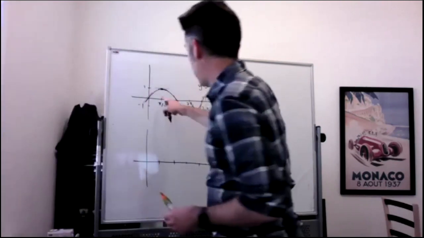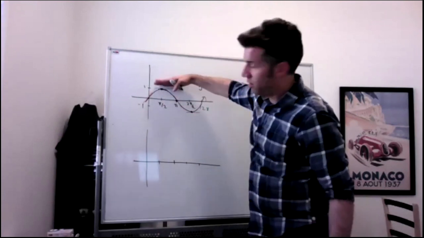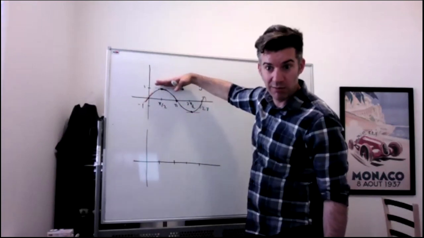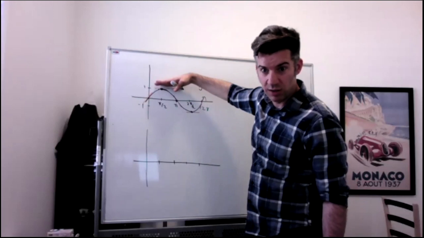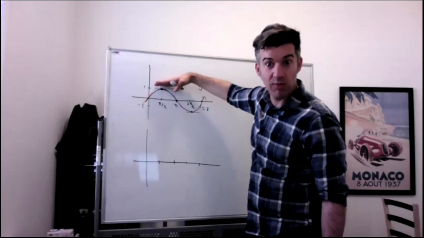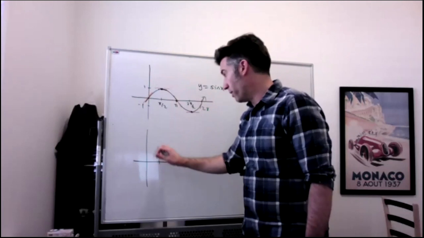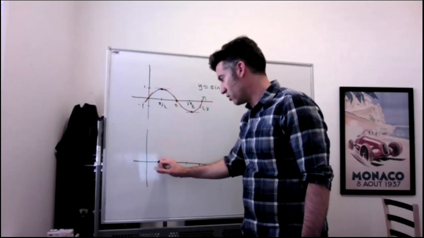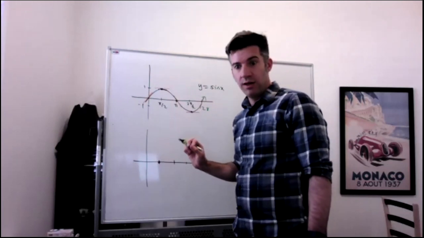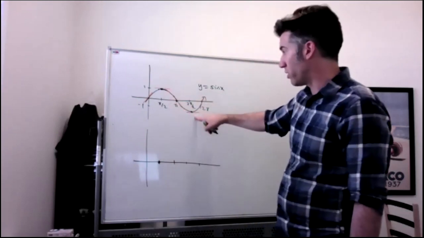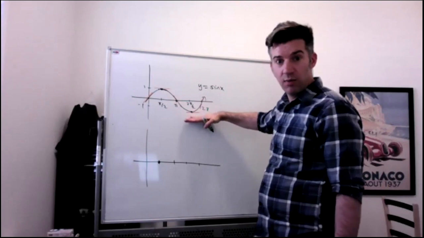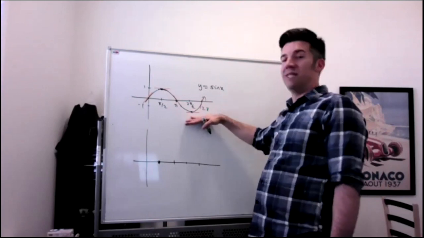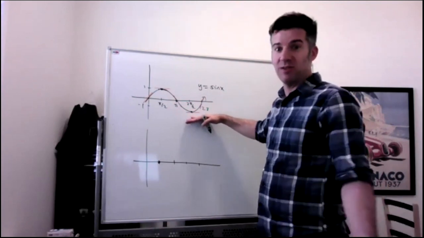So at pi over 2, what's the slope of my tangent line? Well, my tangent line is horizontal, and a horizontal line has a slope of 0. So my derivative is going to have a value of 0. That's also true at 3 pi over 2, because the tangent line is horizontal, so the derivative is 0.